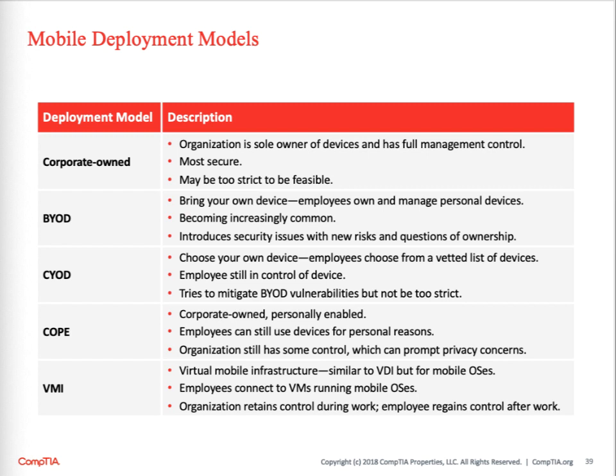And then we have VMI. Just like virtual desktop infrastructure, we can have virtual mobile infrastructure. So that is VMI. In this case, employees would use their own personal device, and rather than have an operating system such as Android, maybe their device allows them to run an Apple virtual machine. Basically, this is running a virtual machine on your phone.